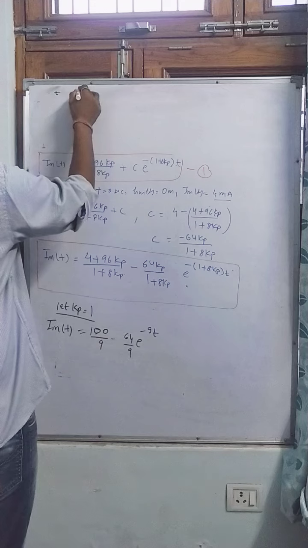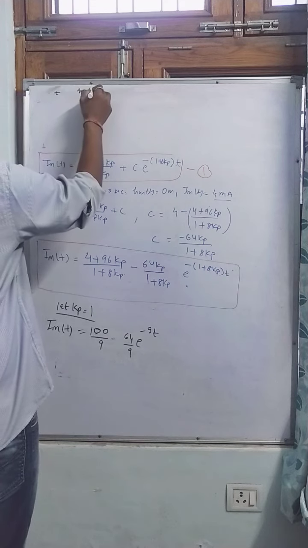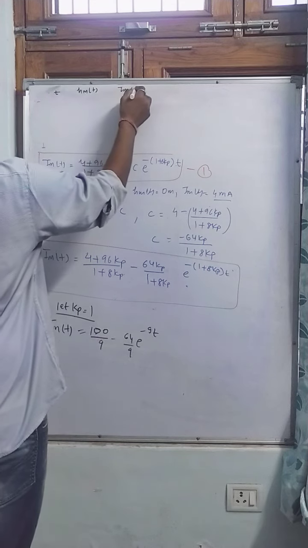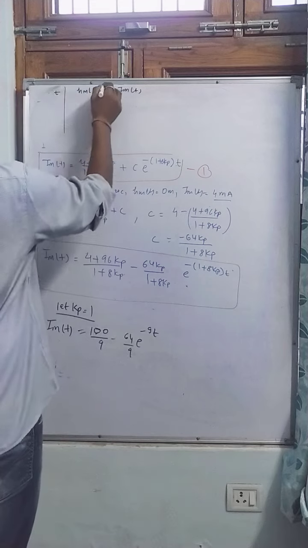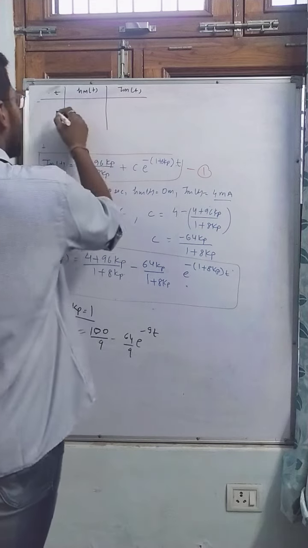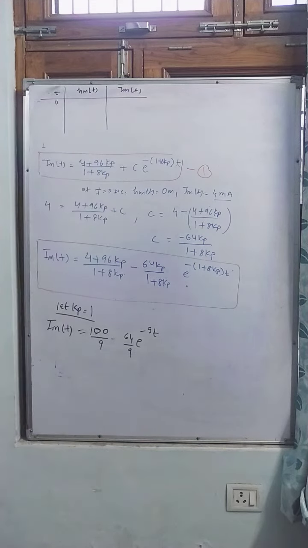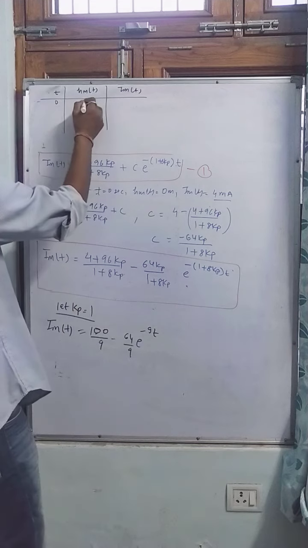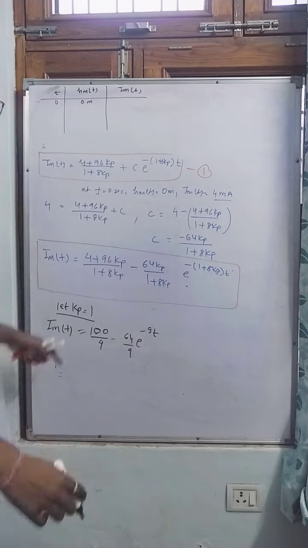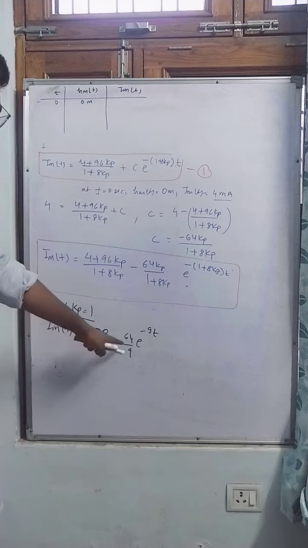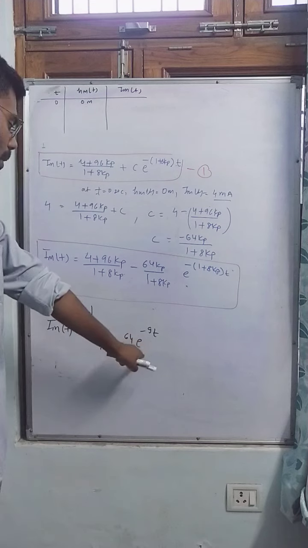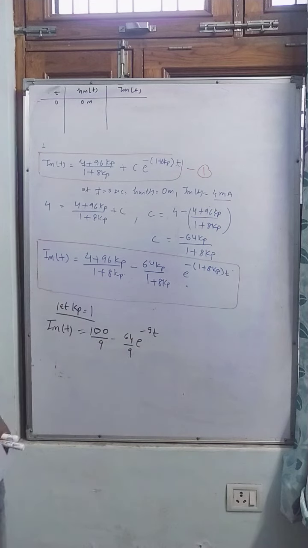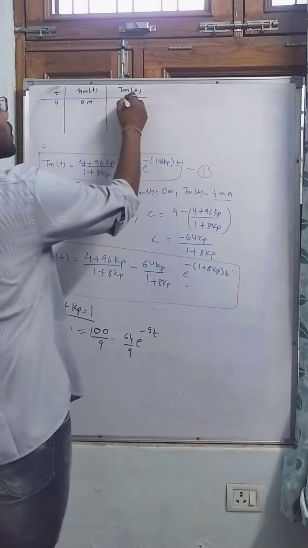We have time, HMT, IMT. Now at t equal to 0, what will be the HMT? HMT was 0. You know, initially the tank was empty. What will be the IMT? Put t equal to 0 in this expression. So this will become 100 minus 64, 36. 36 by 9 is 4 milliampere.